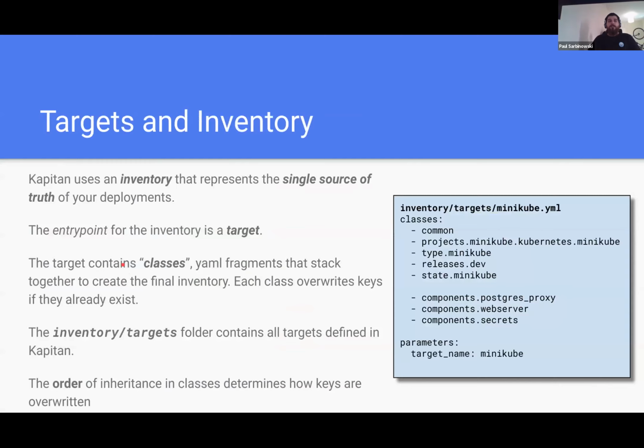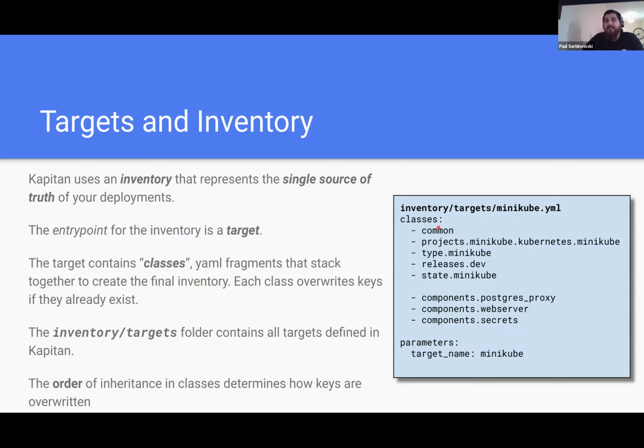So, a deep dive into what these targets and inventory actually are, or how they look. The inventory is meant to be the single source of truth for your deployments, for anything you generate. An inventory example could be like this, a target example.